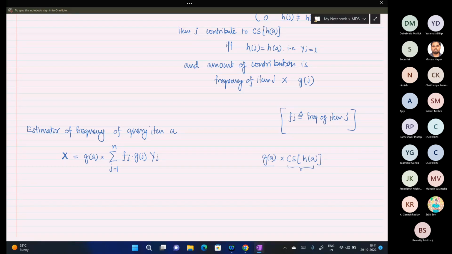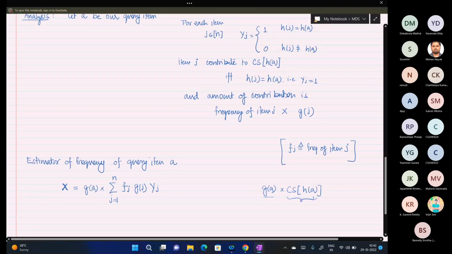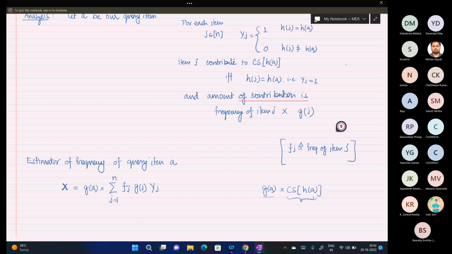And somehow we need to mathematically write this term CS of HA, right? So we'll take help of this indicator random variable yj. Yj takes value 1 when h of j is equal to h of a, and it will be 0 for all those j for which h of j is not equal to h of a.